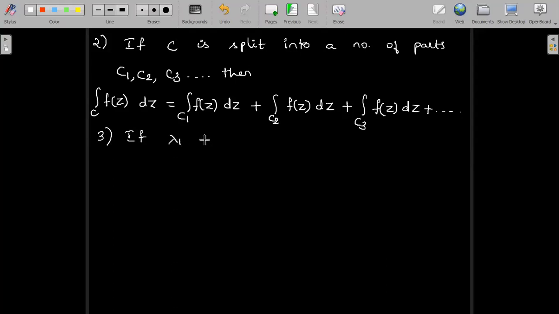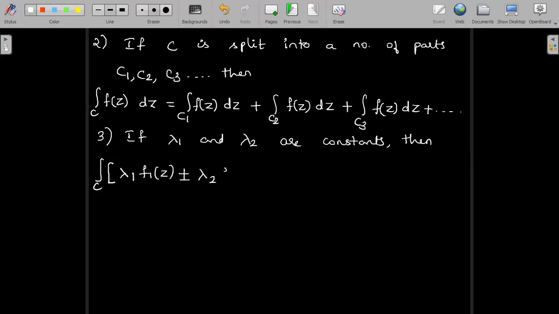If lambda 1 and lambda 2 are constants, then integral over C of lambda 1 f1 of z plus or minus lambda 2 f2 of z dz can be written as lambda 1, which is a constant, I can write outside the integral over C f1 of z dz, plus or minus, we retain it as it is, lambda 2 integral over C f2 of z dz.